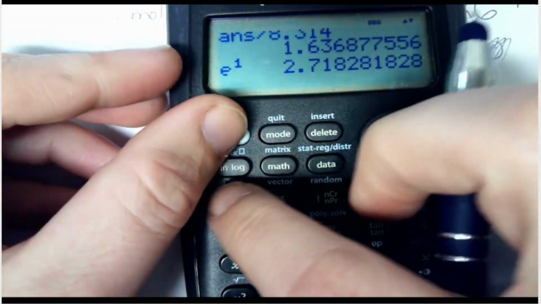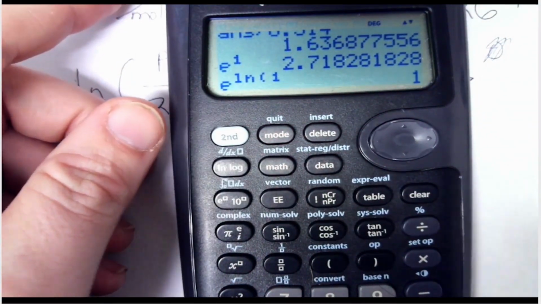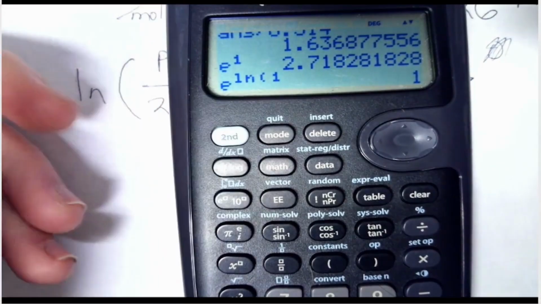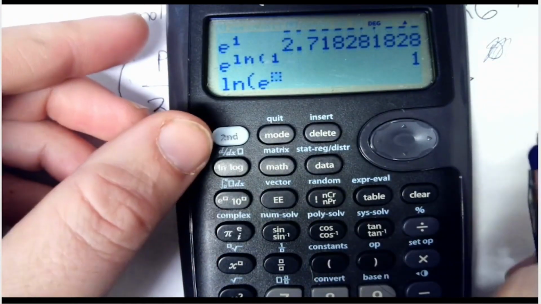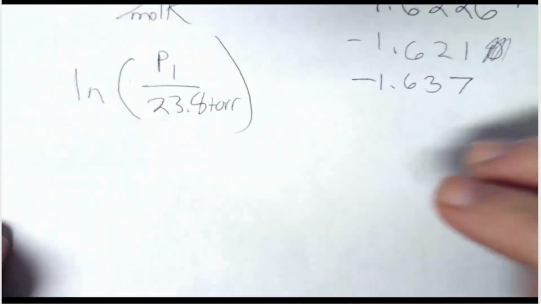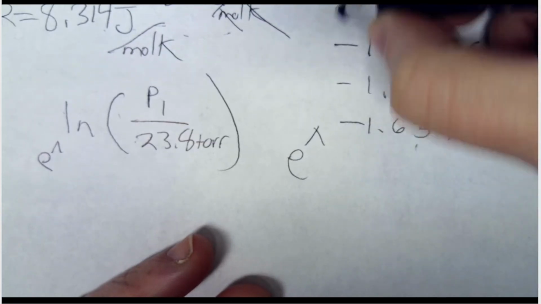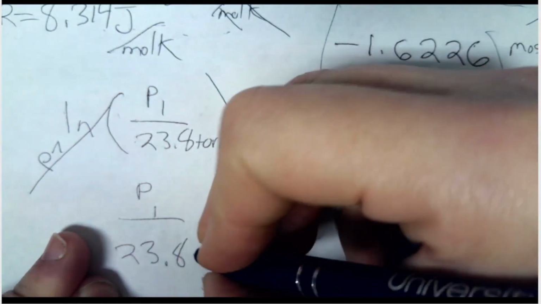But the exponential of a natural log of a number, they cancel each other out. If I take the ln of e to the 2, they cancel each other out. So in order to solve this, I'm going to take an e to this side and an e to this side. And this is going to cancel out. So I've now solved this as P1 over 23.8 equals what this number is.